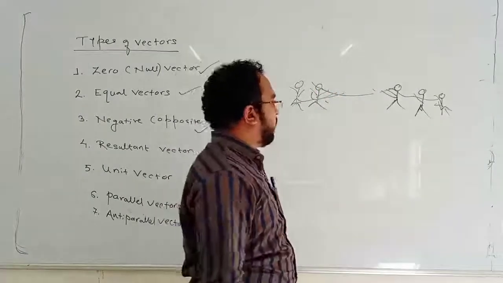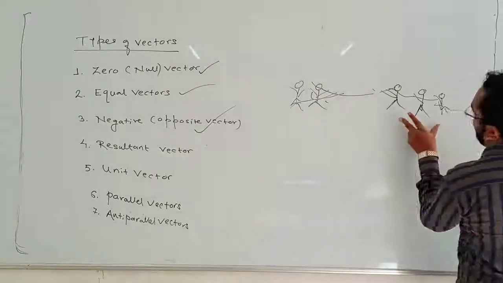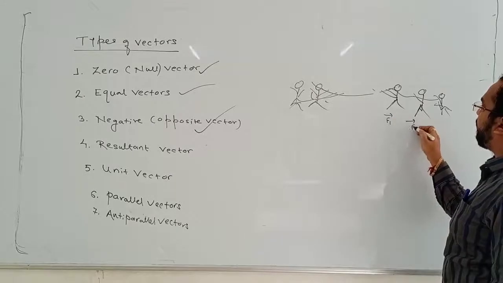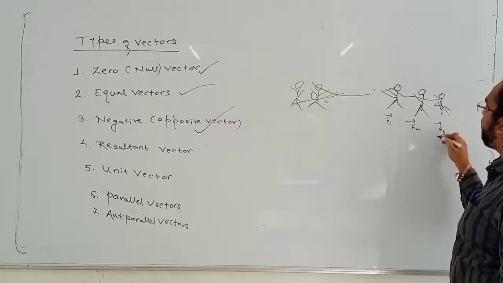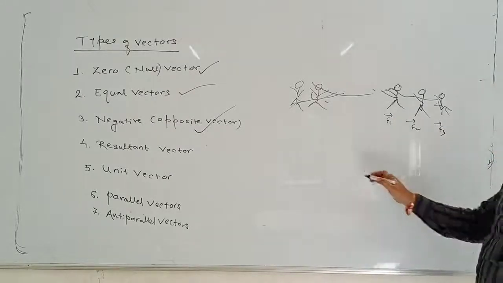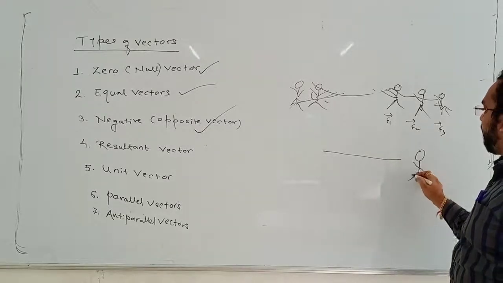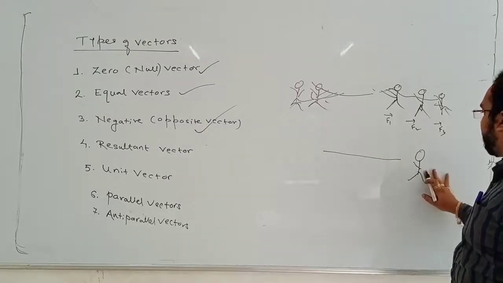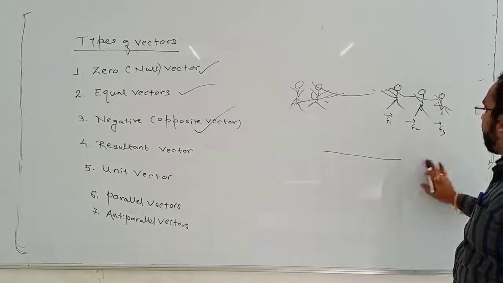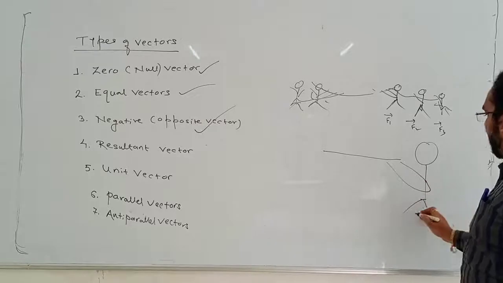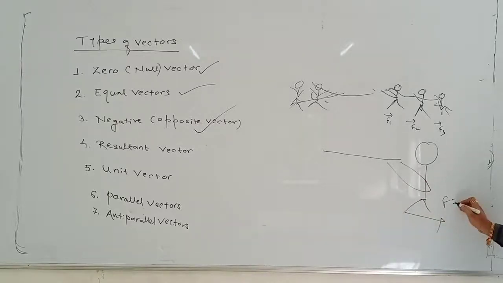Instead of these three people, where this person applies the force F1, this person applies the force F2, and this person applies the force F3, if I use one big pahilwan, a big wrestler, the net force applied by this wrestler will be F1 plus F2 plus F3.